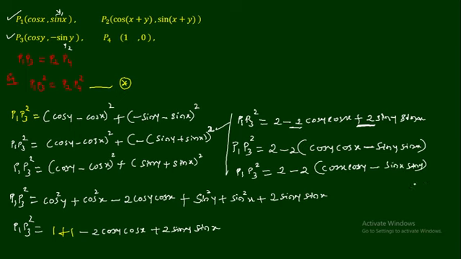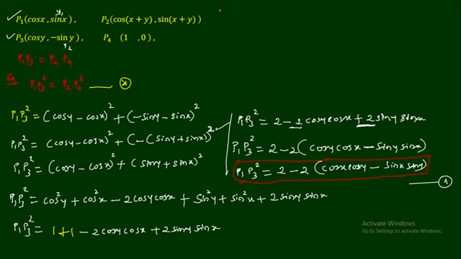So this is the value of P1P3. Students, this comes by distance formula, and also a plus b whole square, a minus b whole square. Please note down all these steps. I have solved it in detail. Okay? So this is about P1P3 whole square.